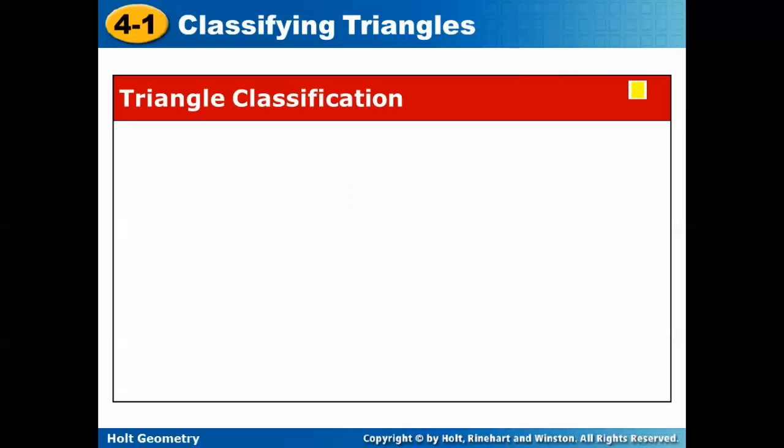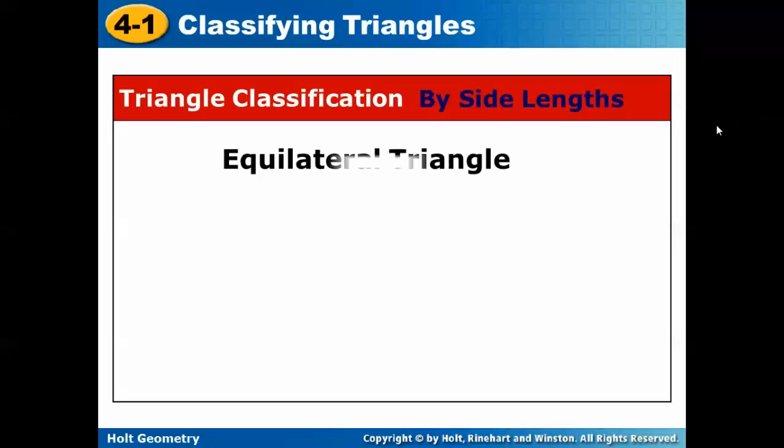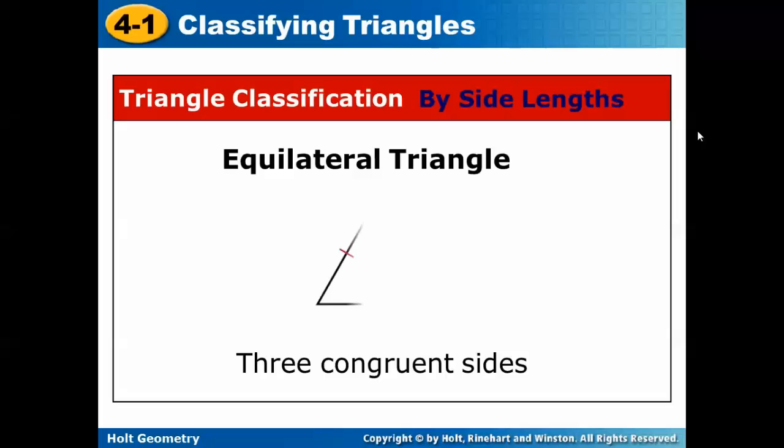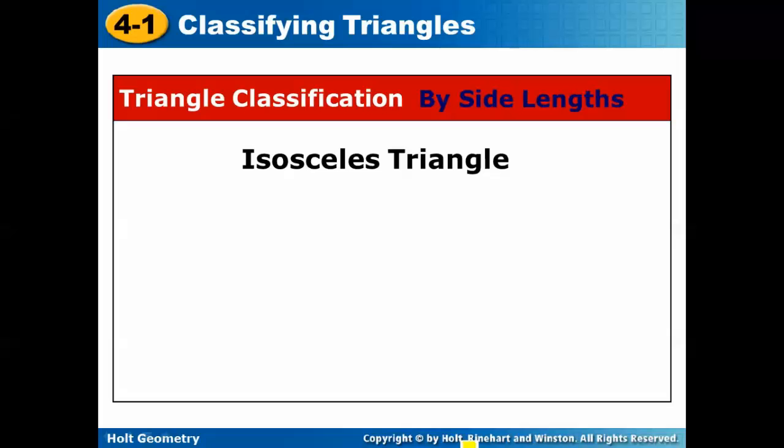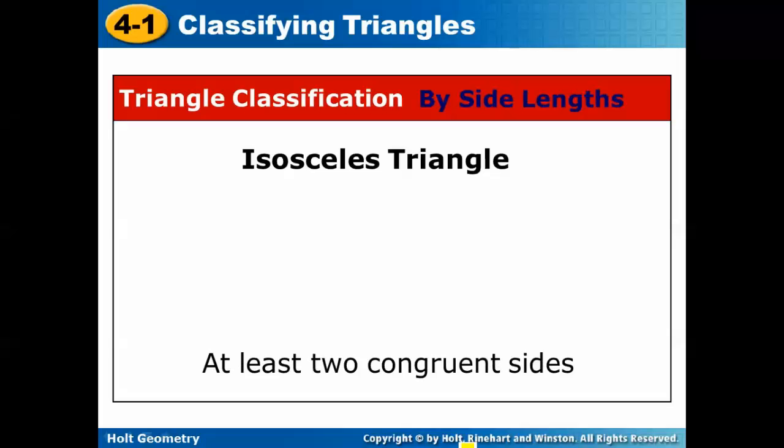We look at some triangle classification by side lengths. Equilateral triangle means that we have three congruent sides. And you can see that the hash marks or the tick marks are represented for each side to let you know that they are all congruent. An isosceles triangle has at least two congruent sides.